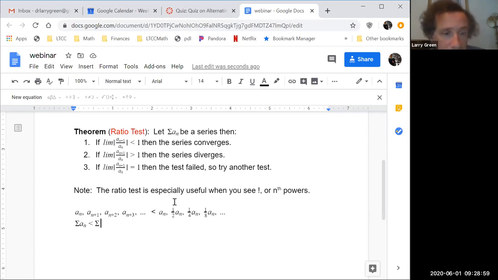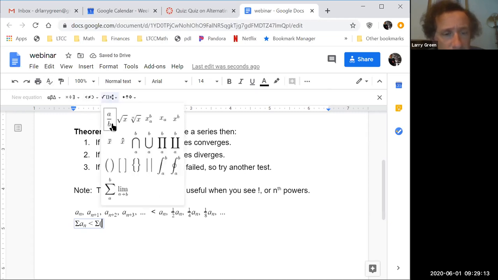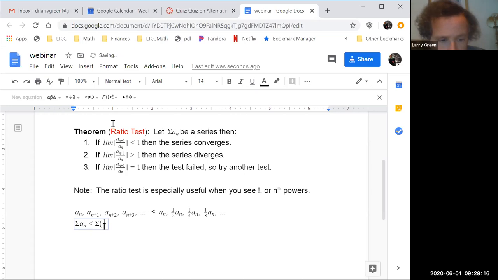Let's write it that way. A naught. Because we can now think about this, instead of starting at the nth term, just start at the 0th term. Assume that this works for all of them.